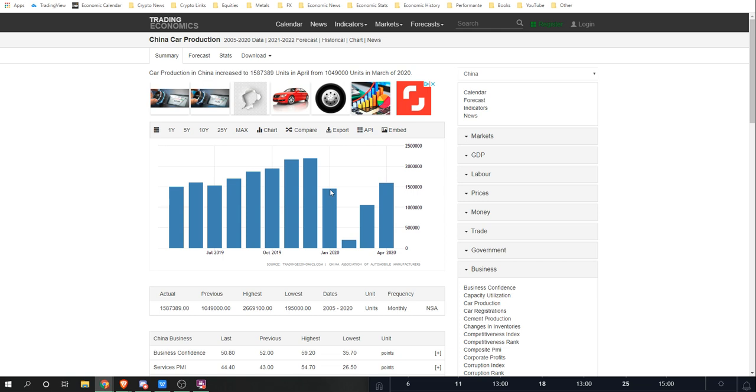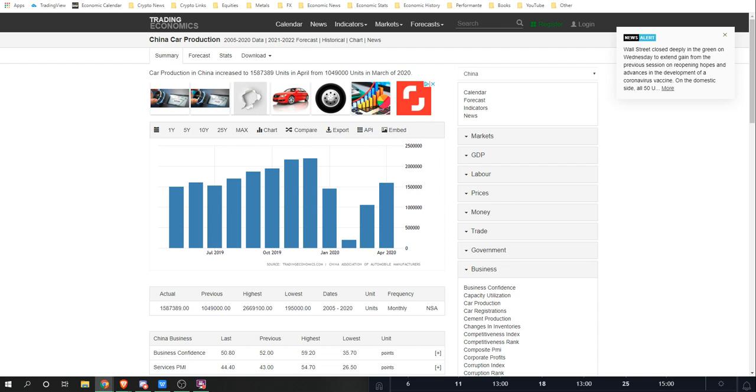So in my opinion, the car production is increasing. We had a significant fall, but now there are people and corporations and companies who are getting the gears back up, getting the production line in place.